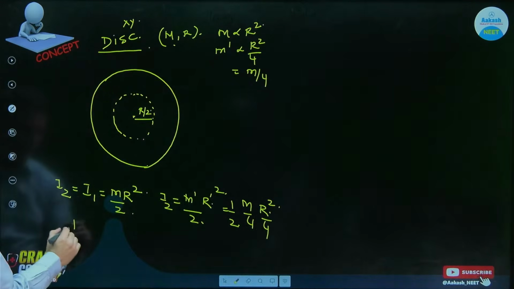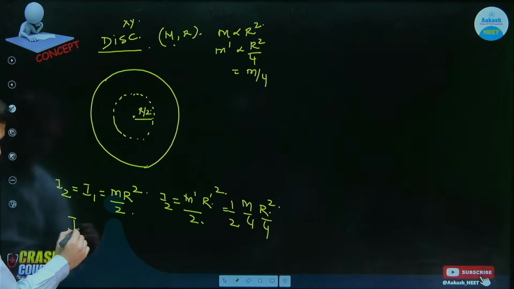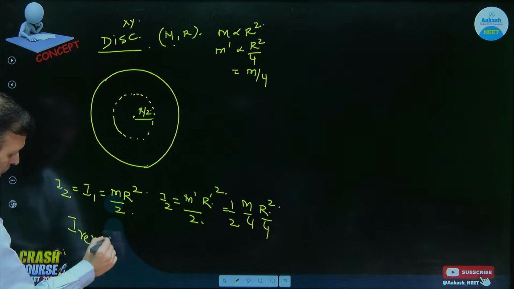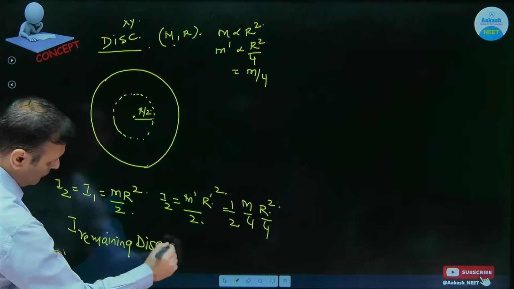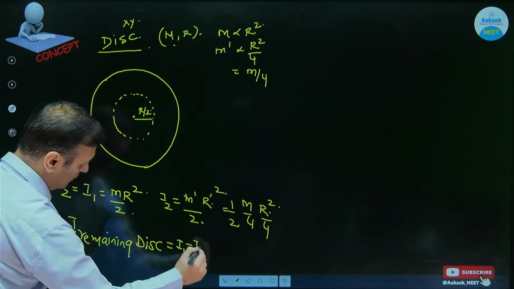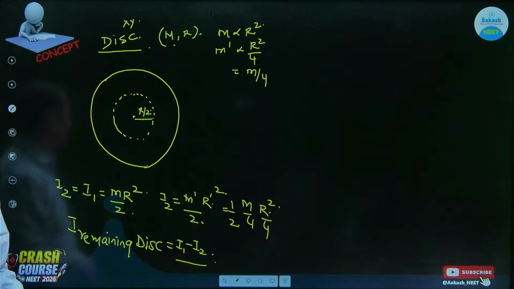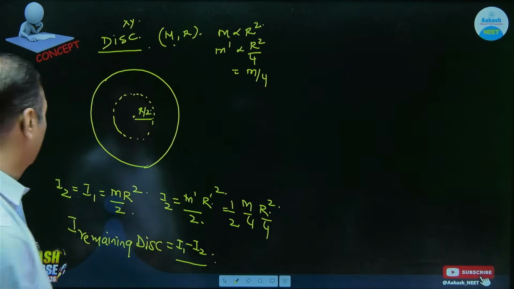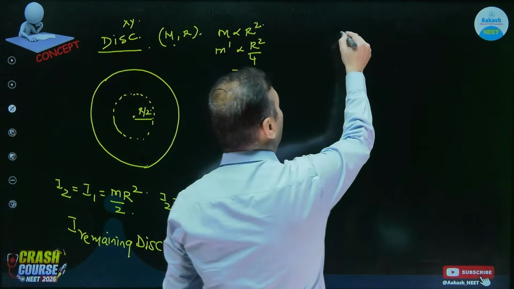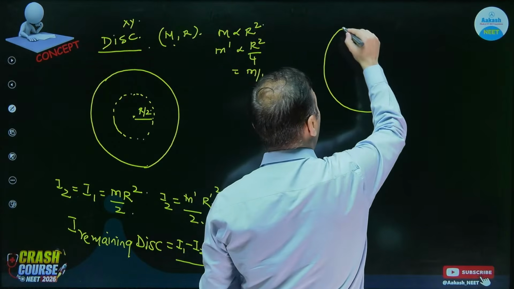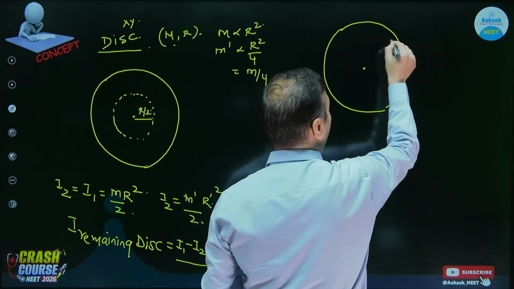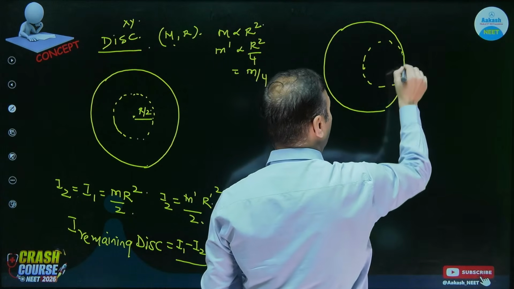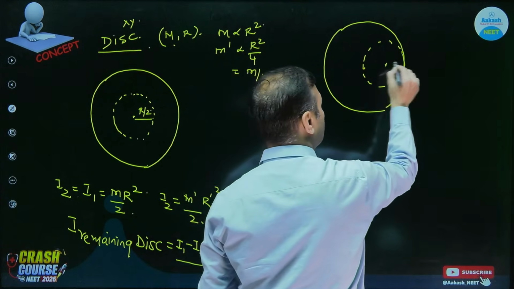So what is the moment of inertia of the remaining disk? And that is simply I1 minus I2 we have. Got it or not? Now, instead of from the concentric part, it is removed like this.